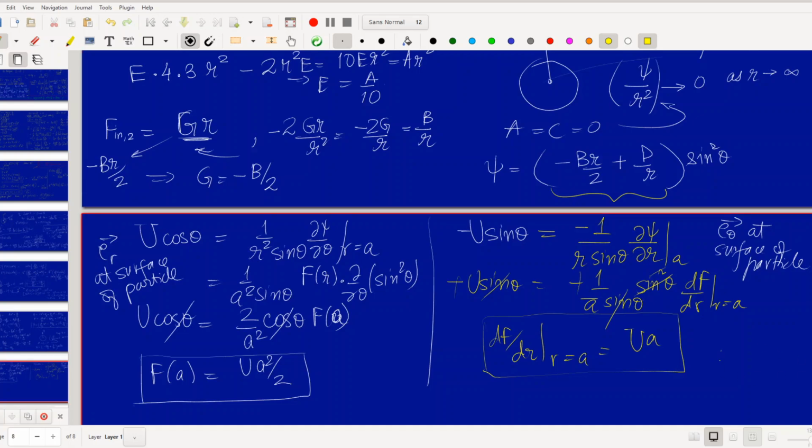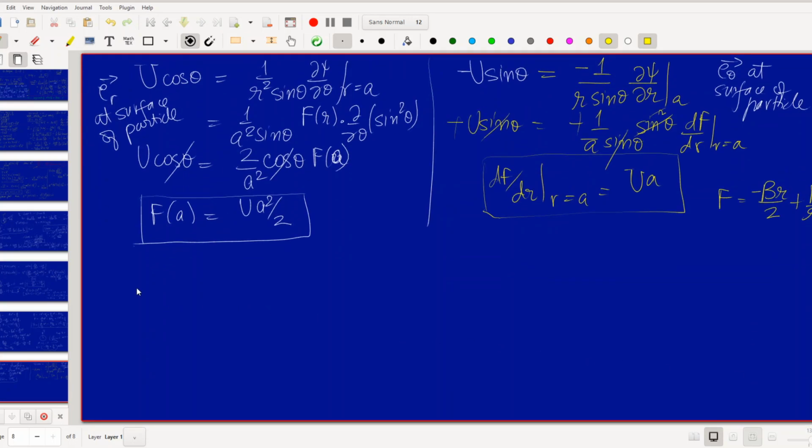So the expression for F is merely this: minus b r by 2 plus d by r. This is the expression for capital F. So F at a is u a square by 2. So u a square by 2 is equal to d by a minus b a by 2.